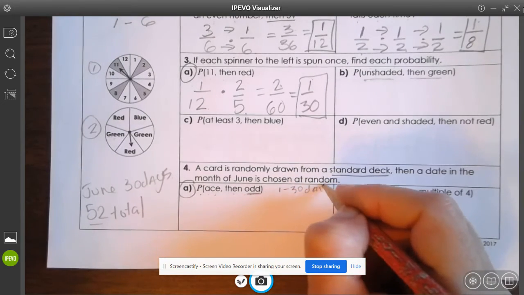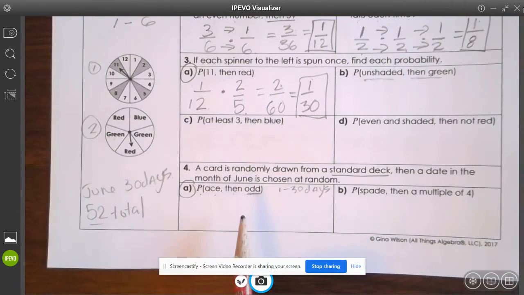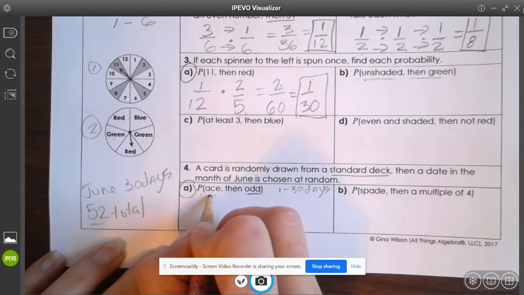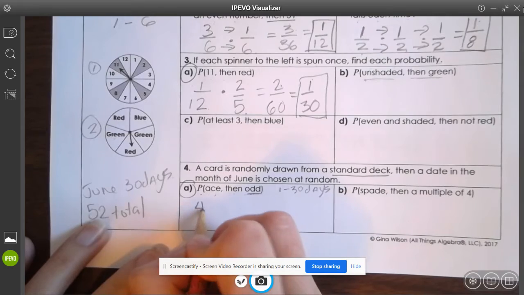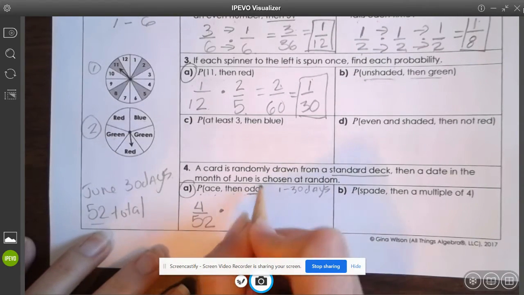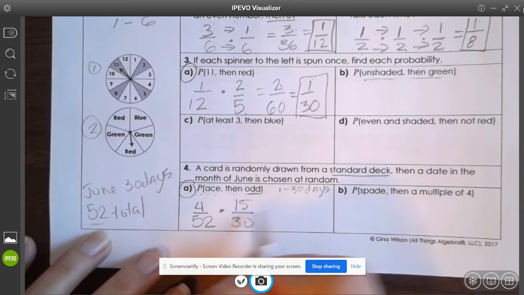Days, right? All right. So there are 15 days that are odd and 15 days that are even in the month of June. So the probability that you get an ace out of 52 is 4 over 52, because there are 4 suits, times the probability that you get an odd number in the month of June, which is half of the days, 15 over the total days, 30.